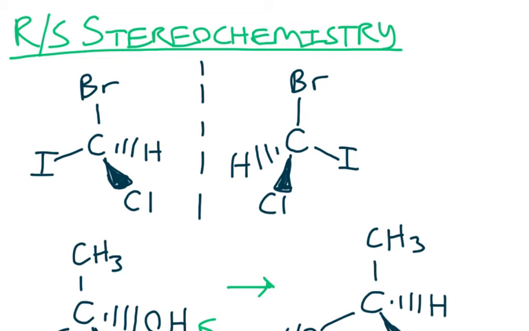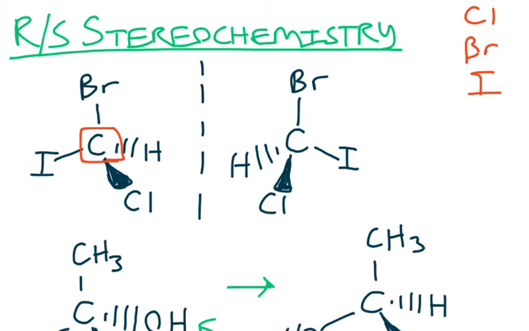So in RS stereochemistry, we are going to use a priority system. And the priority system works like this: we're not counting the carbon, because there's always pretty much going to be a carbon in the middle. We're concerned with what's around it, and we are going to classify those by atomic mass. For example, in a column of the periodic table, you have chlorine, bromine, iodine, right?